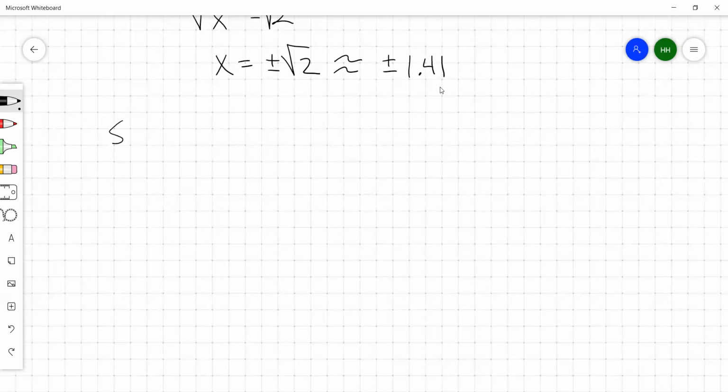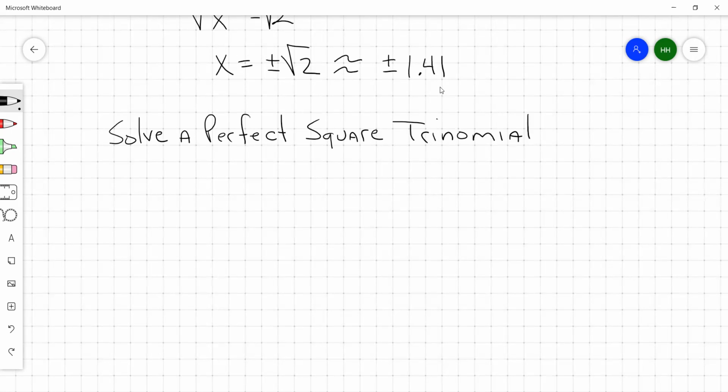All right, next we're going to solve a perfect square. So let's say we get x squared plus 4x plus 4, and it's equal to 25.